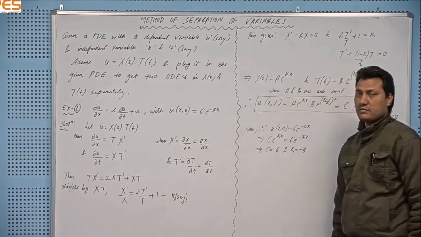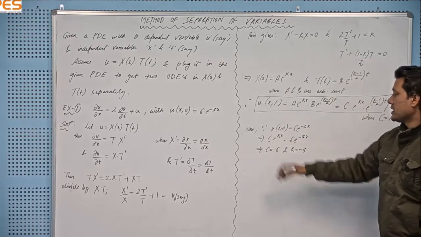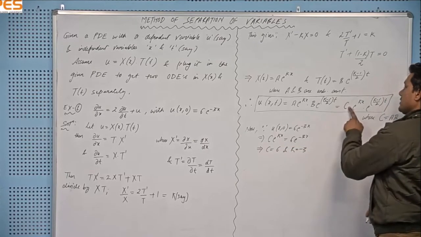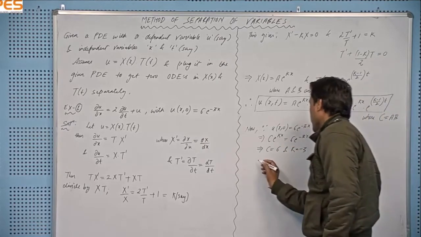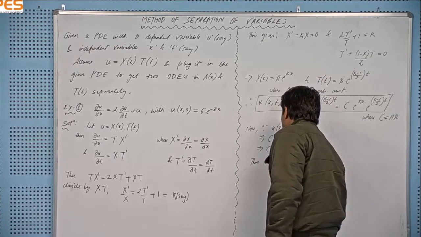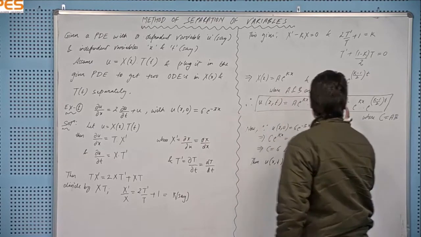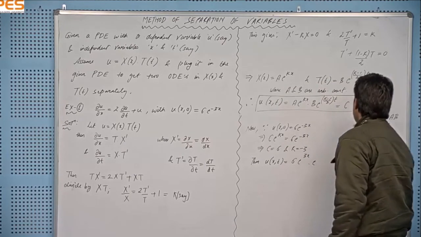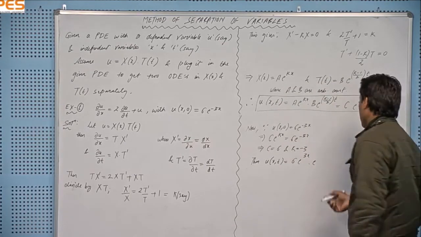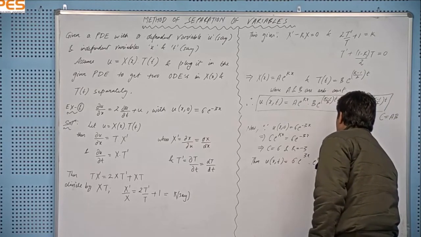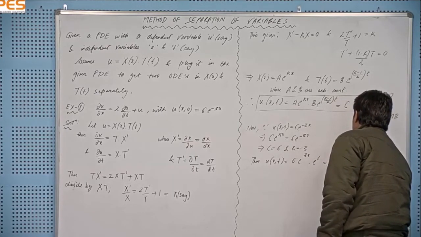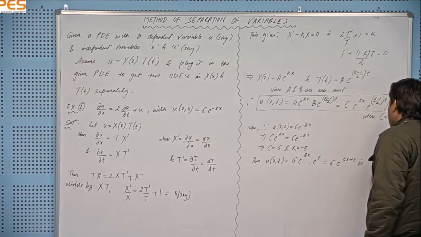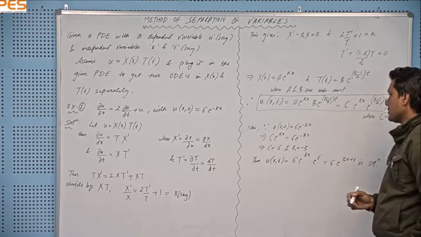On comparing both sides, the power of the exponential function and the constants, right? And then after getting C equal to 6 and k equal to minus 3, plug these constants here to get the full solution. Then u as a function of x and t is equal to 6 times e to the power 3x and e to the power (3 minus 1 by 2), that will be 2 by 2 t, or you can write it as e to the power 3x plus t is the solution, right?